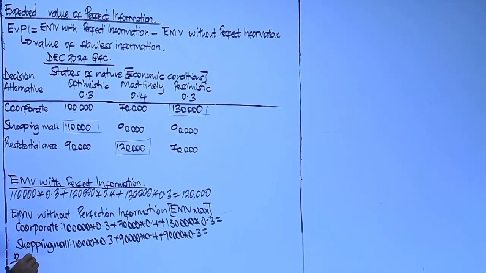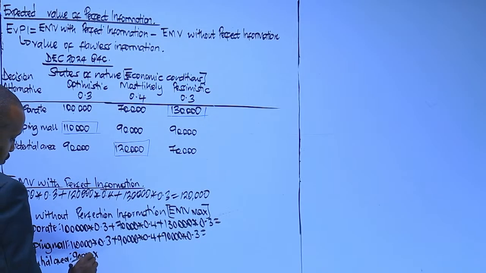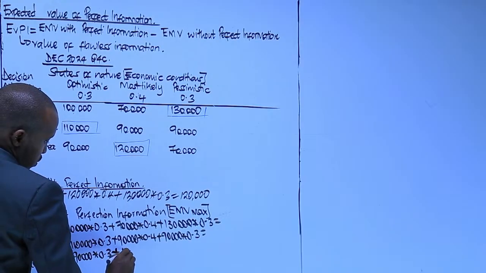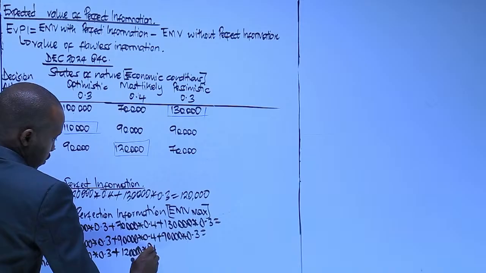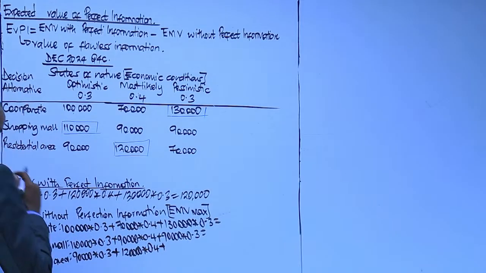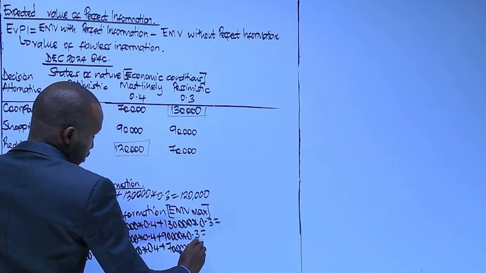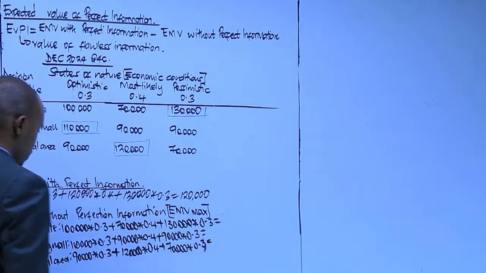Residential area, 90,000 by 0.3 plus 120,000 by 0.4 plus 70,000 by 0.3.